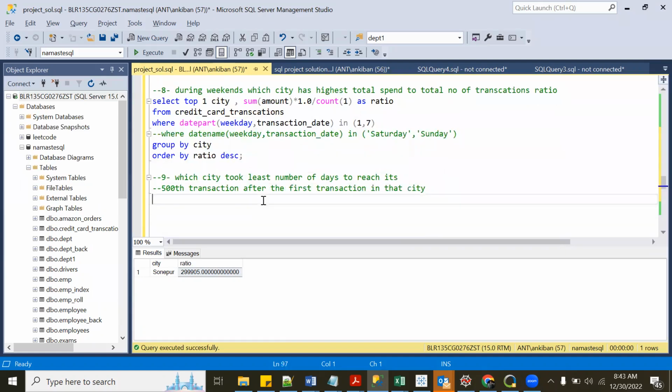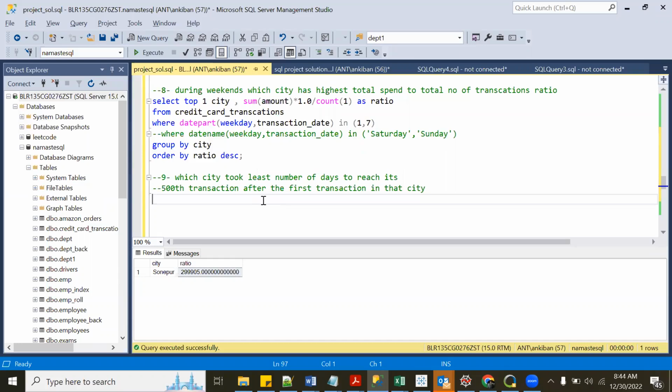Okay, who was able to solve this question? Which city took the least number of days to reach its 500th transaction after the first transaction in that city? Sir, I have approached it through row number. I selected all the columns and put a row number over partition by city and order by date.